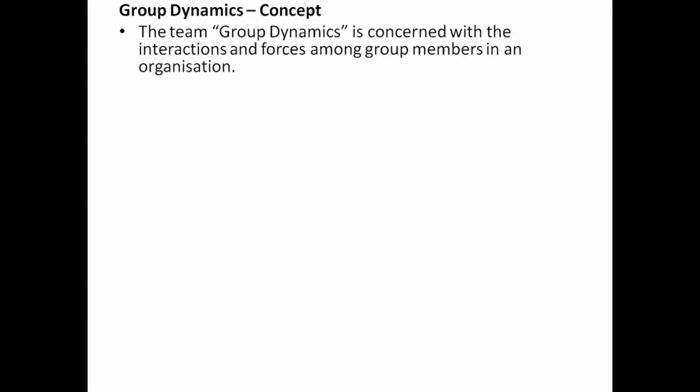Group dynamics concept. The term group dynamics is concerned with the interactions and forces among the group members in an organization. More specifically, it refers to the following issues.